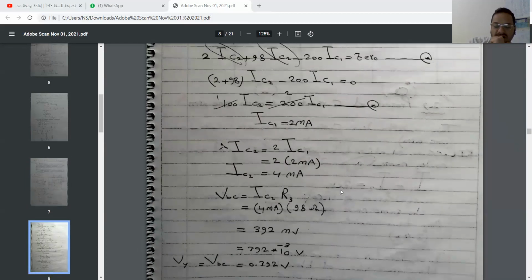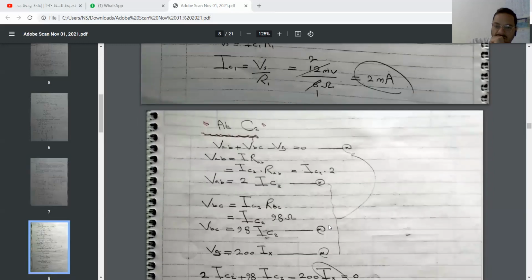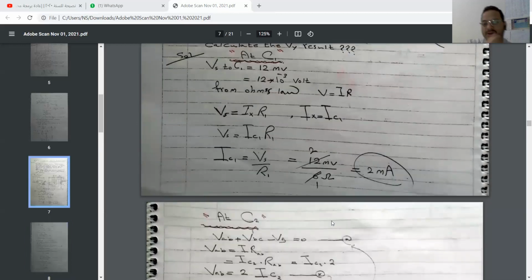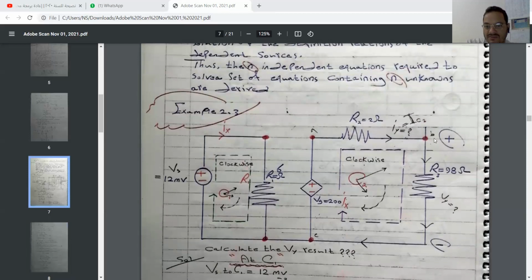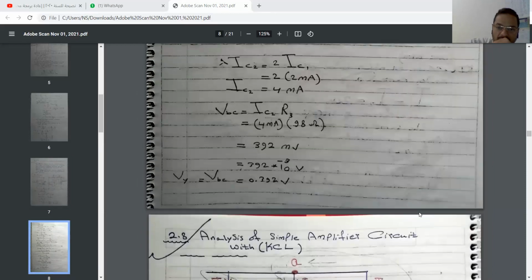Now VBC, because now we have IC2 and R3. VBC, let me be sure. VBC, yes. Let's calculate the voltage drop at VBC equal IC2 dot 98 ohm, equal 392 millivolts from ohm law.